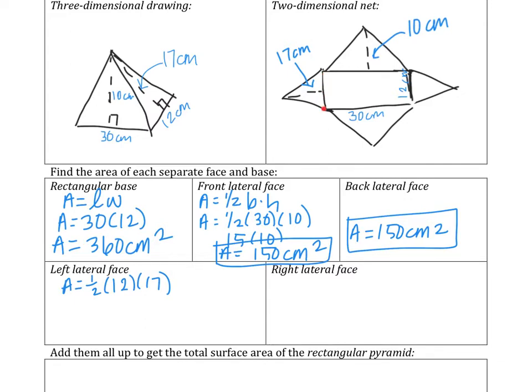The base is going to be 12 because this base is 12 and it's the same length. And then the height is the slant height right here, which is 17. So that's going to be our base and our height. And of course, area is half base times height, so that's where we got the half from. So that's going to be area equals 6 times 17. Area equals 102 centimeters squared.